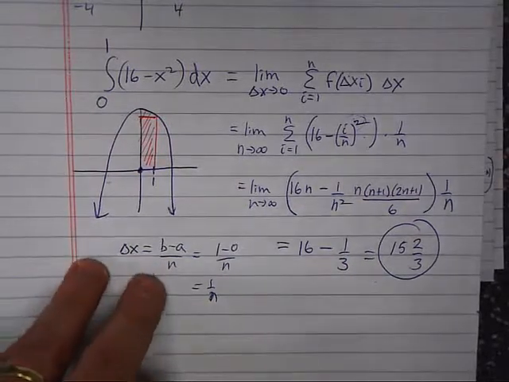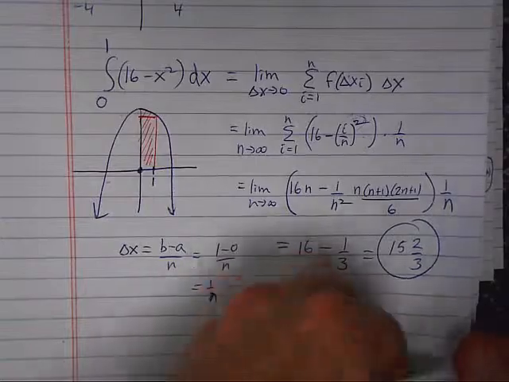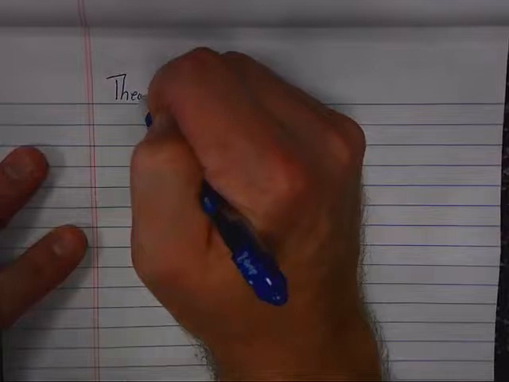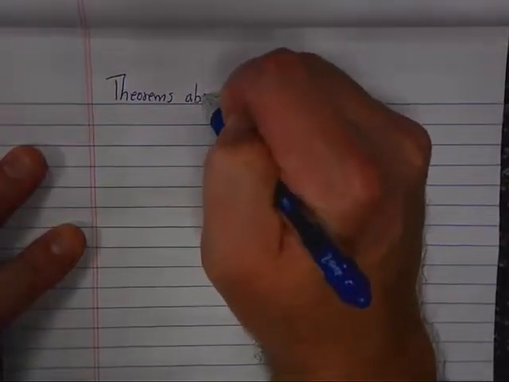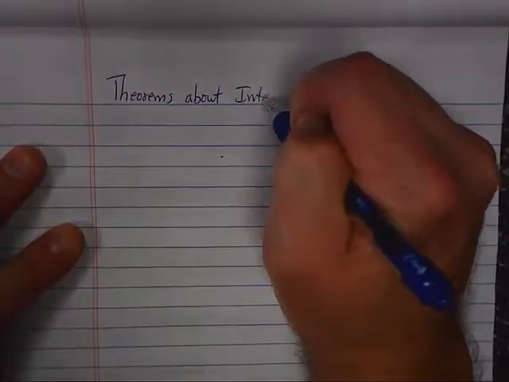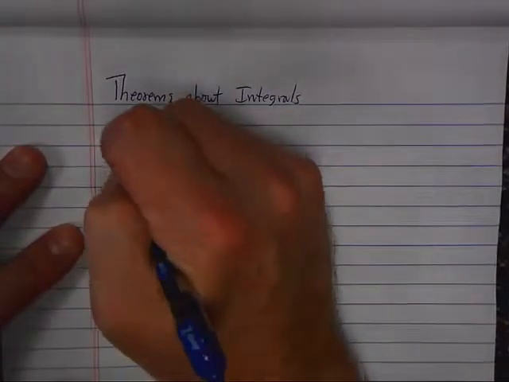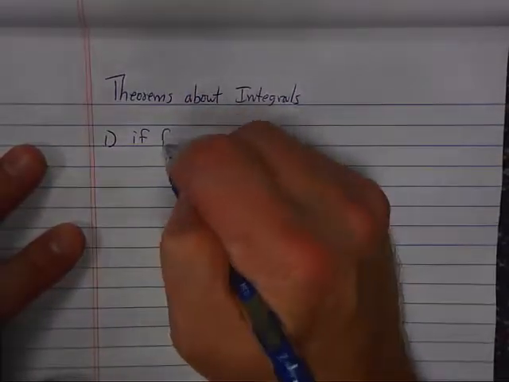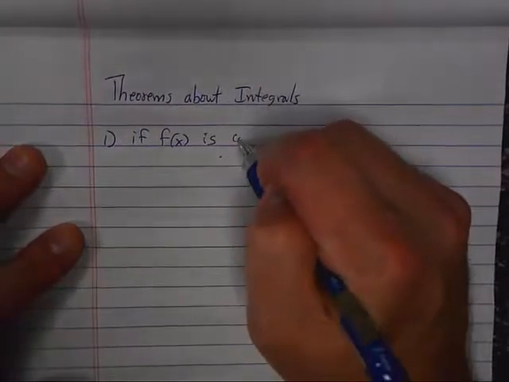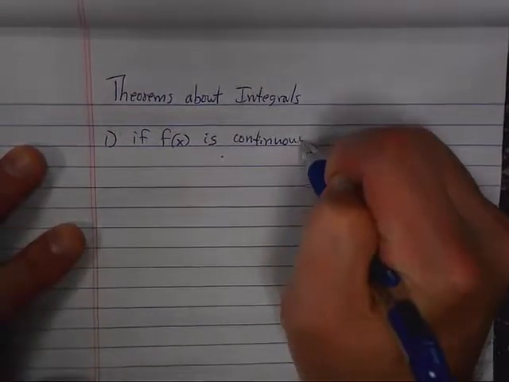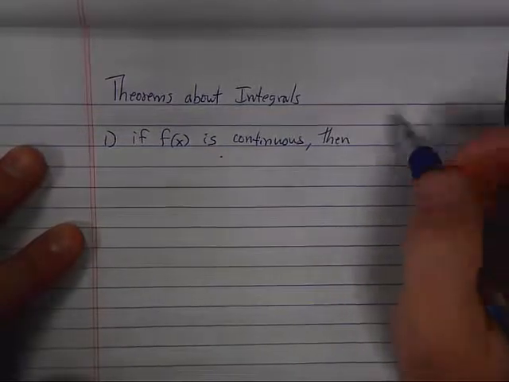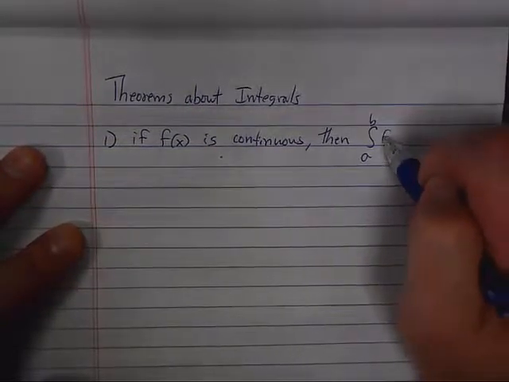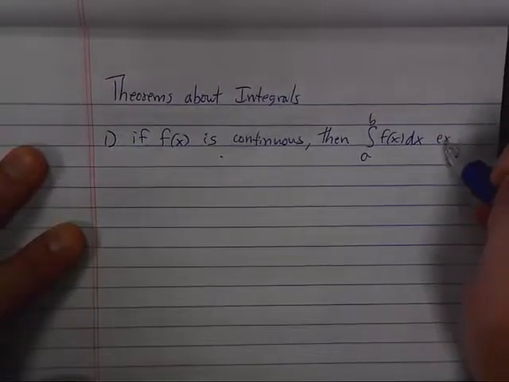Okay, the next thing we have in this section are some theorems about integrals. Number 1 says, if f of x is continuous, then the integral from a to b of f of x dx exists.